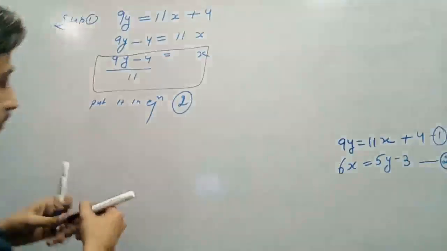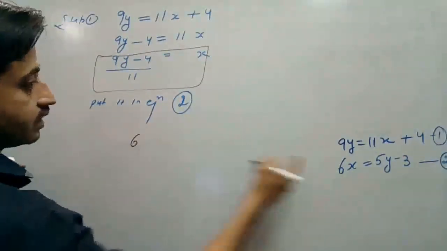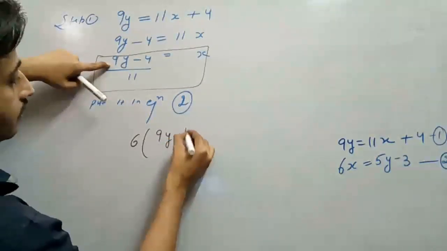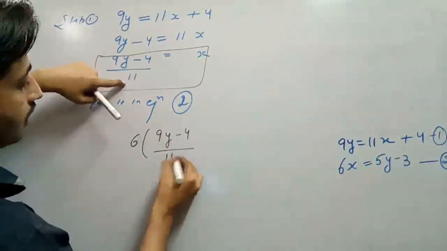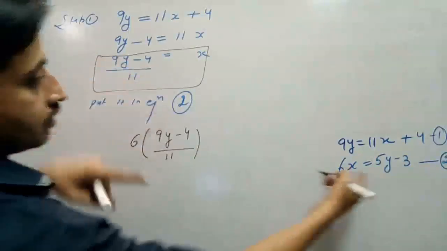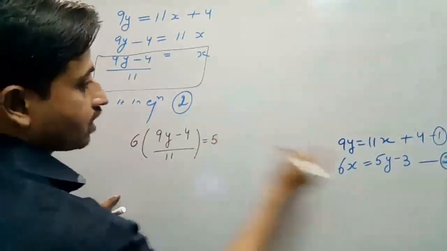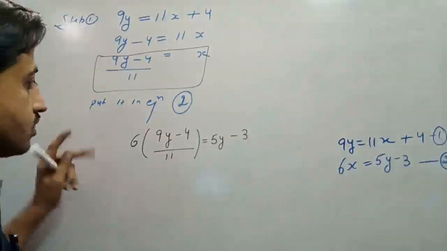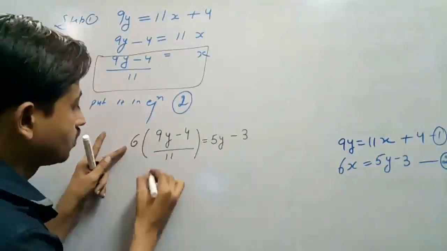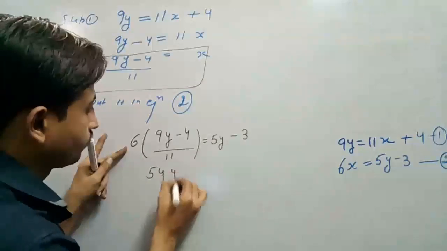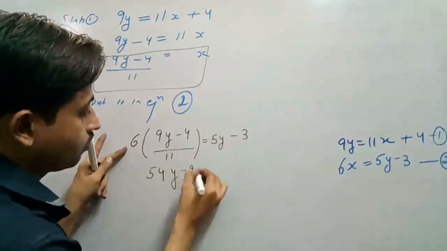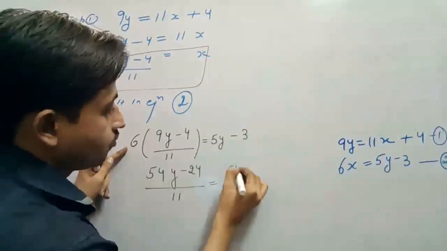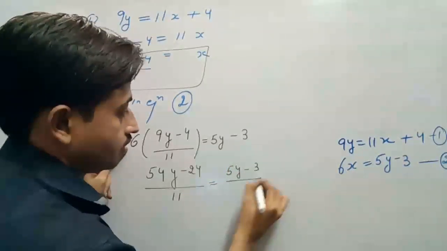Now put it here. 6 into x, and the value of x is 9y minus 4 divided by 11, is equal to 5y minus 3. Now solve this. Multiply 9 into 6, 54y. 6 into 4, 24, divided by 11, is equal to 5y minus 3.